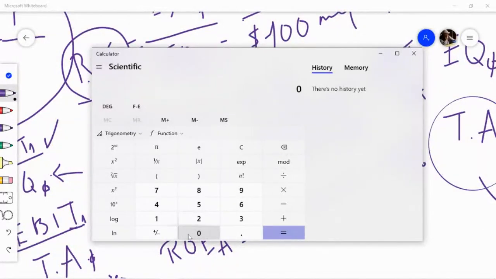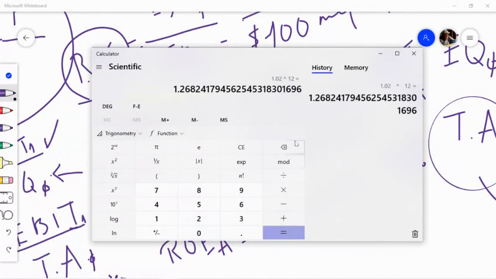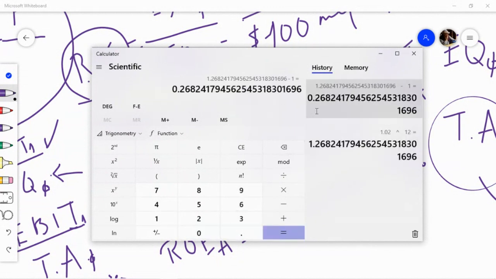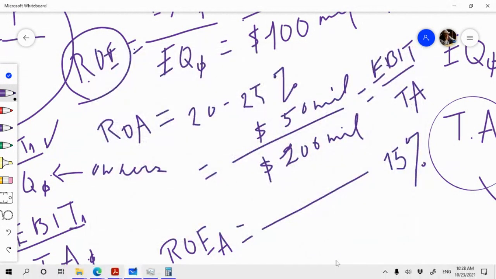You might say it doesn't seem that big, but look, 2% a month compounded for 12 months, raised to 12, minus 1, annually is like 27%. The annual return is 27%.